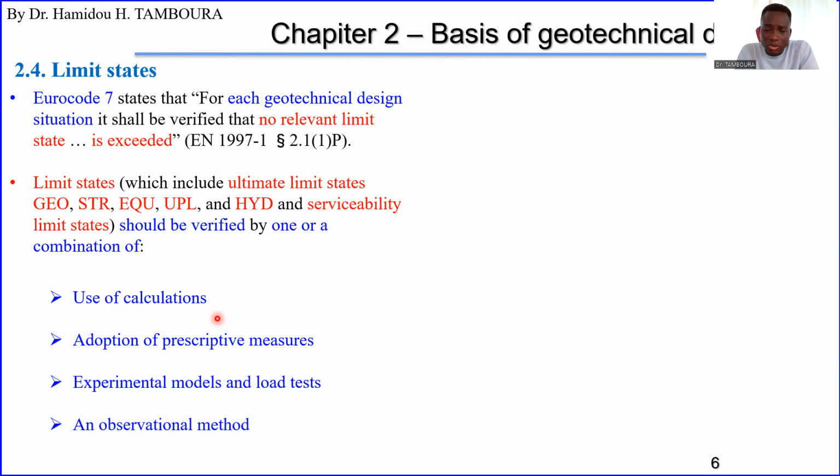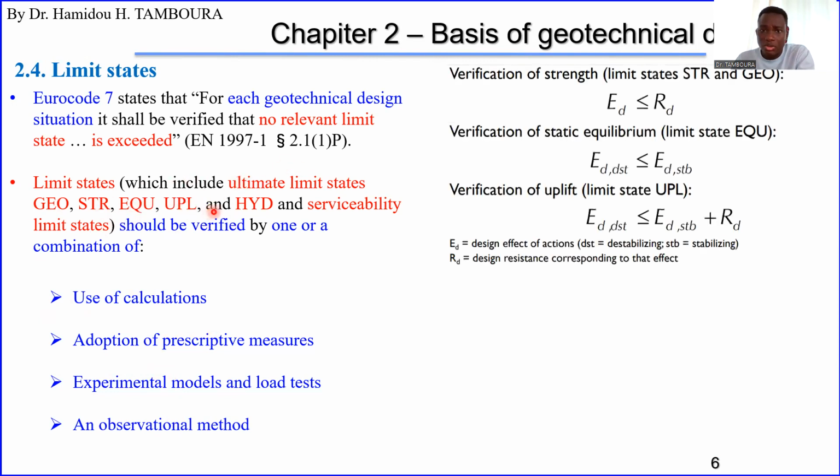Okay, so anyway, no matter which method you are using, you have to verify that these limit states are respected. It will include the verification of the strength. That will include these two, GEO and STR, meaning geotechnical and structure.